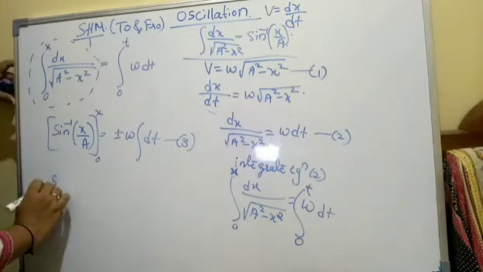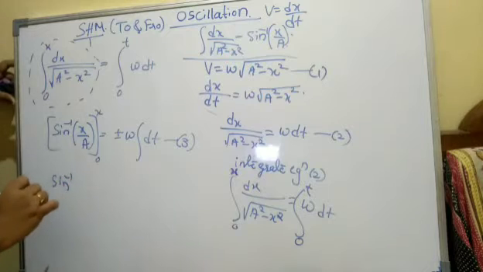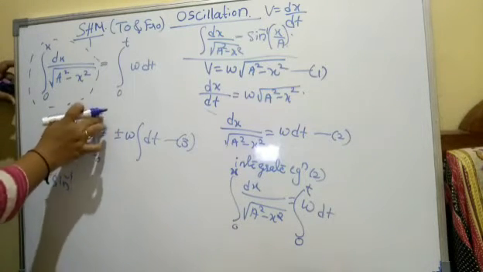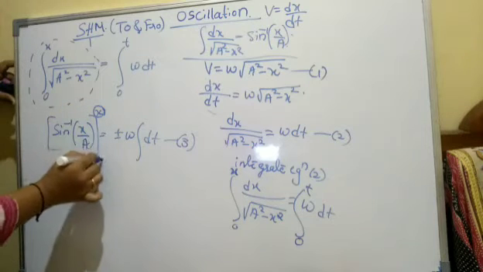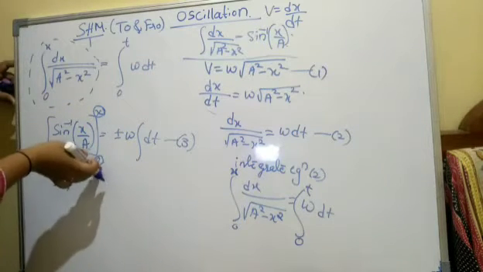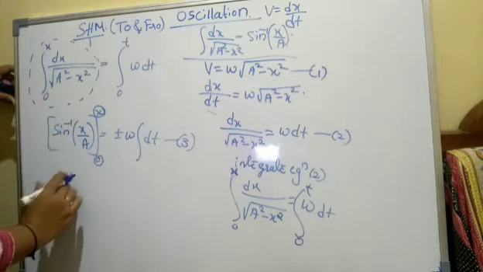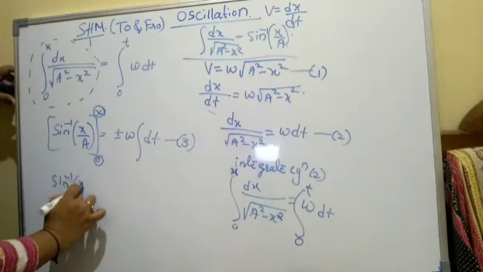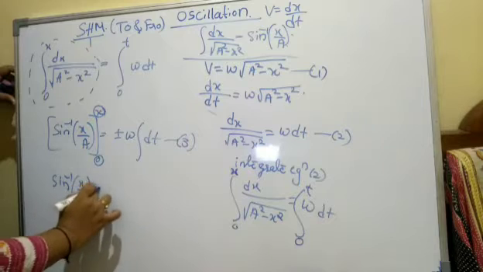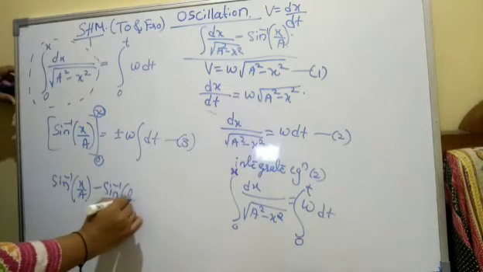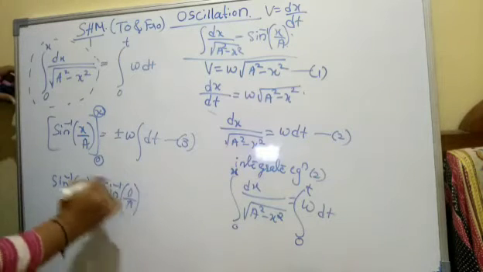Now sine inverse of x, in place of x I will put it here because this is the first limit and this is the second limit. That means initial to final. First you have to go ahead with the final, subtraction of the initial limit. So x by a minus sine inverse of 0 by a, right?